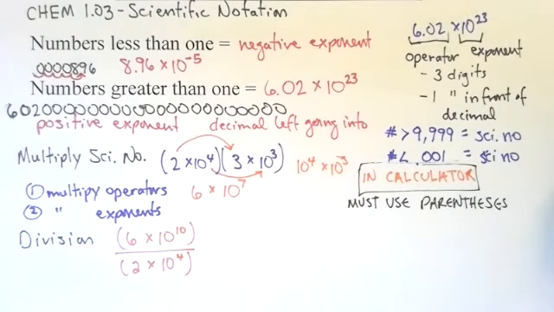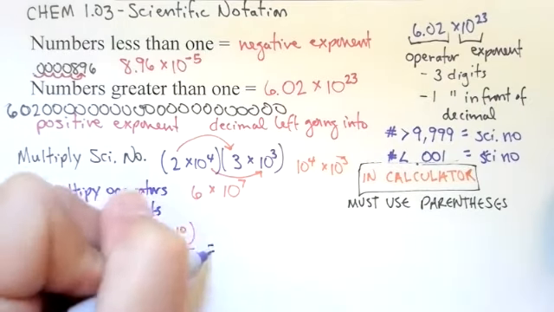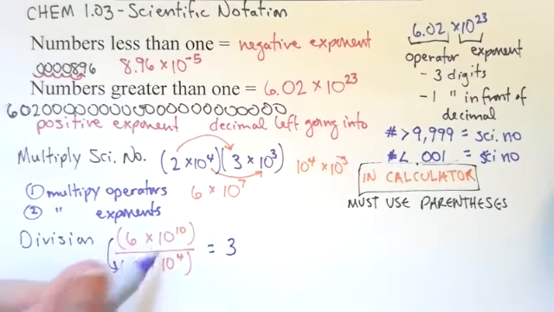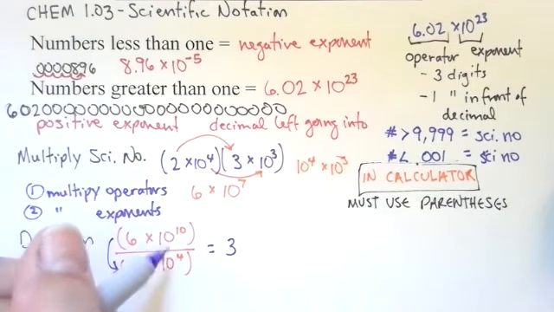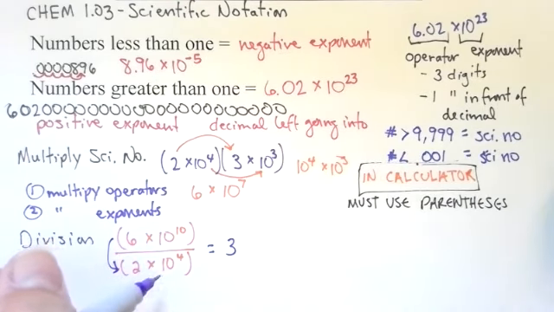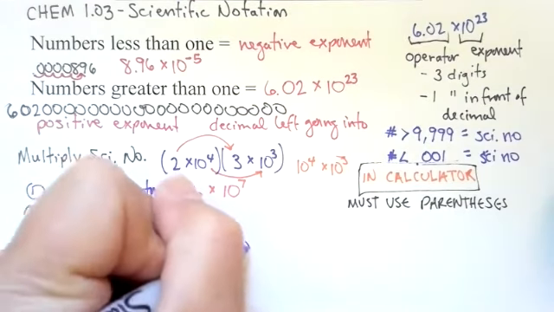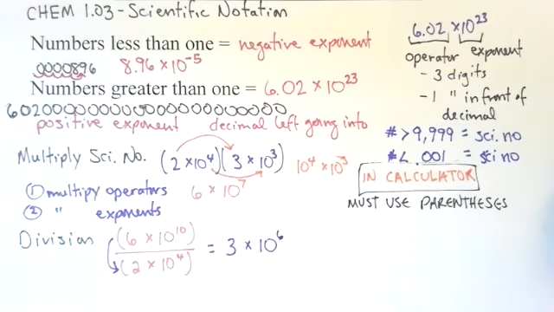So 6 divided by 2 is 3, and 10 to the 10th divided by 10 to the 4th. When I divide exponents, I subtract. So 10 minus 4 is going to be 6. This is going to be 3 times 10 to the 6th.